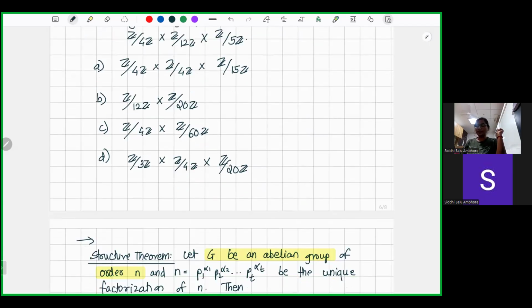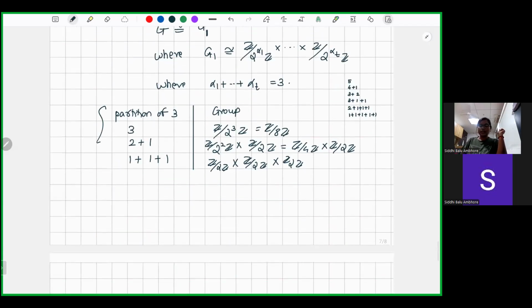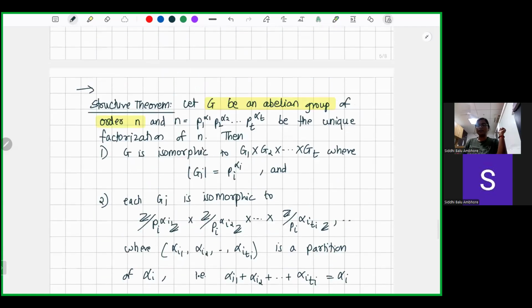These are the only possible choices for an abelian group of order 8. Either it will be isomorphic to Z8, or to Z4 cross Z2, or to Z2 cross Z2 cross Z2. Okay, and these are the only possibilities we get from the structure theorem.